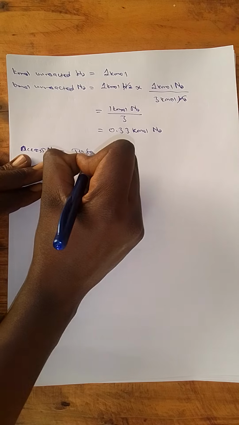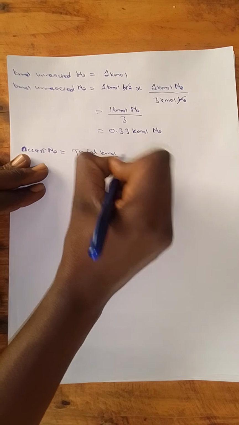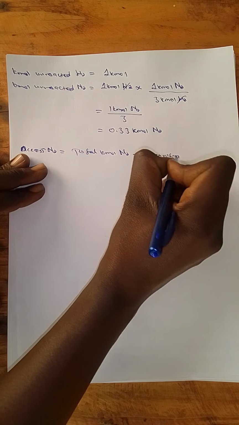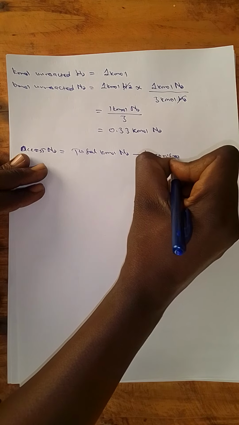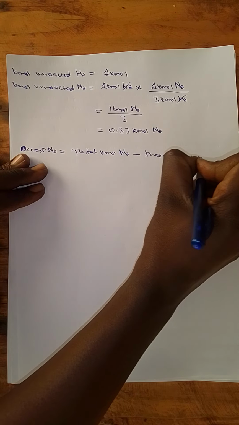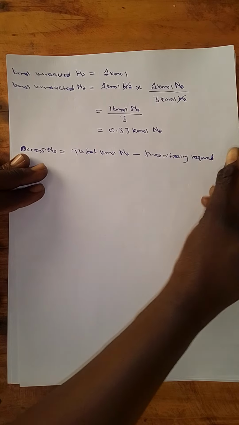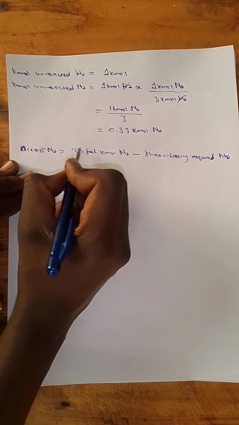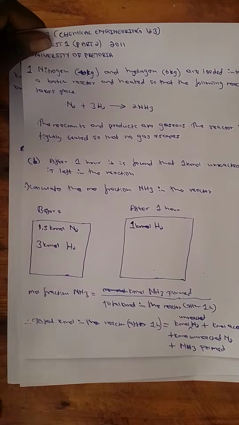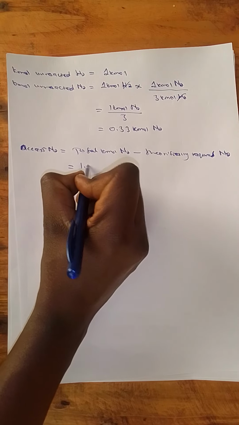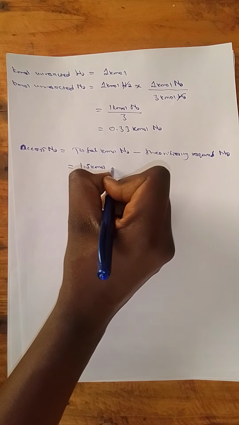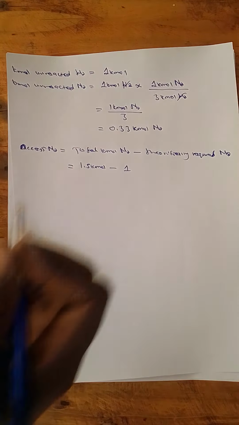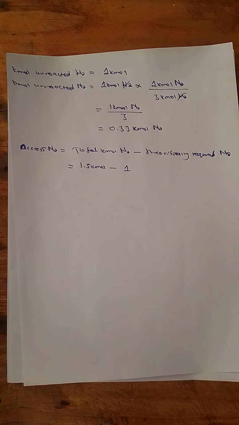It's actually total kilomole N2 minus theoretically required N2. The total kilomole of N2 we calculated to be 1.5 kilomole, minus the theoretically required N2, which we calculated to be 1 kilomole in the first equation, or you can go back to that video and look at it.